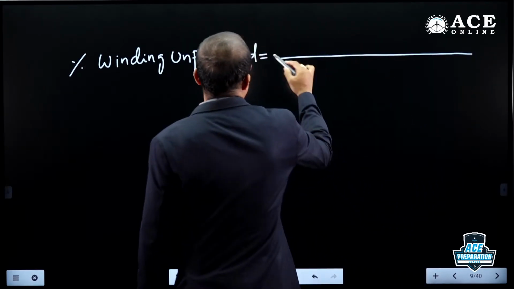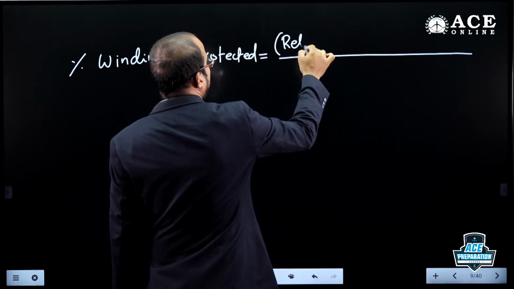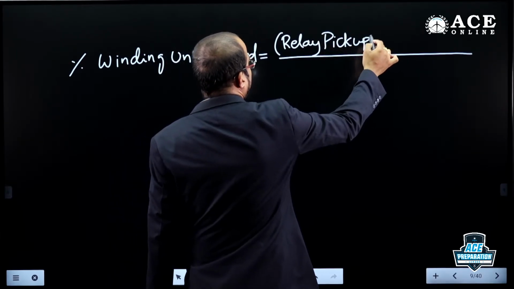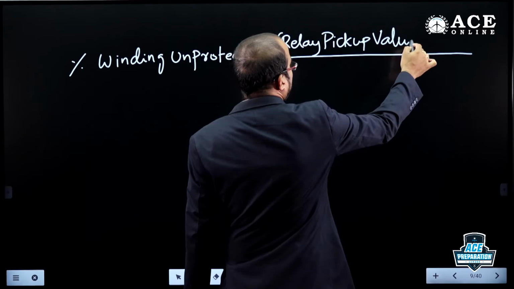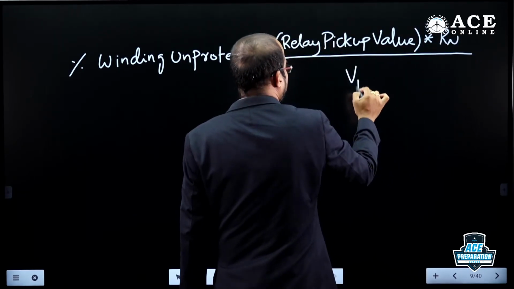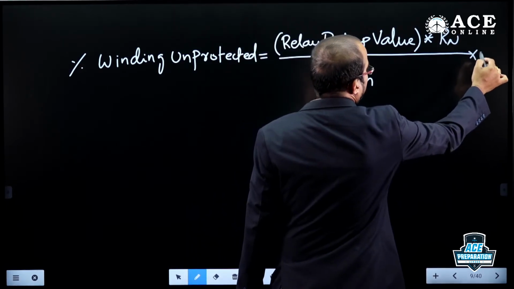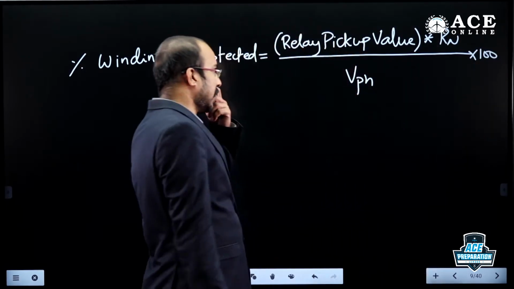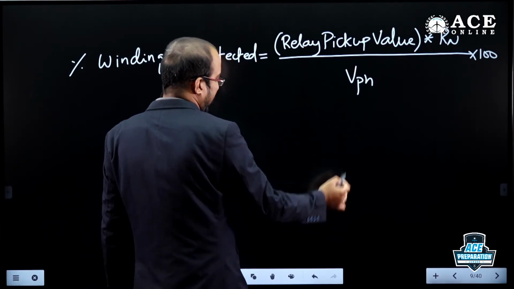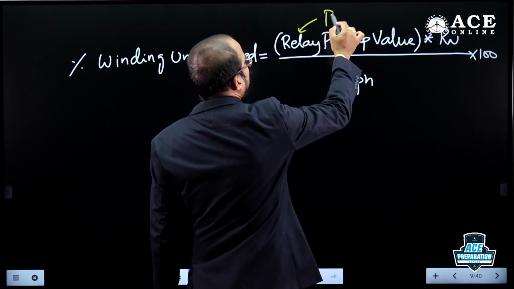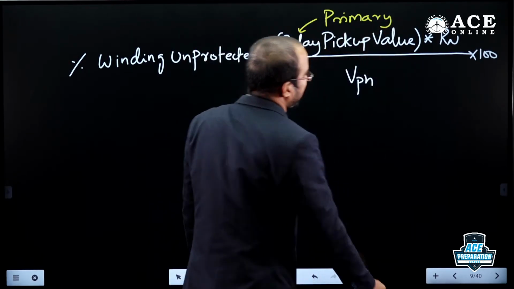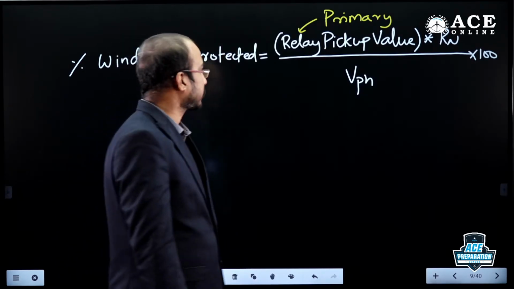That is the relay pickup value multiplied by the neutral resistance that is grounded, divided by the phase voltage, multiplied by 100. In this relation, the relay pickup value is to be calculated on the primary side only, not on the secondary side. On the primary side we need to reflect that.